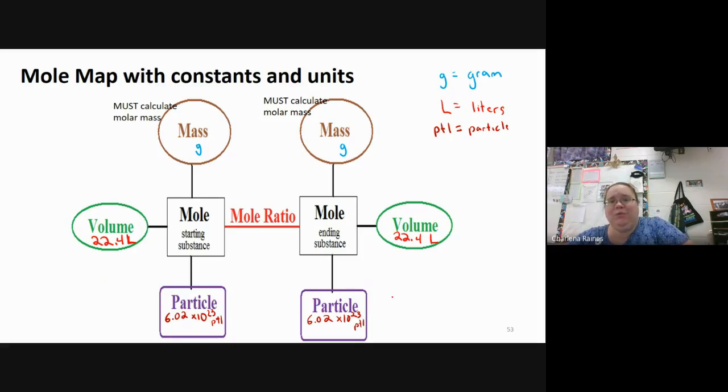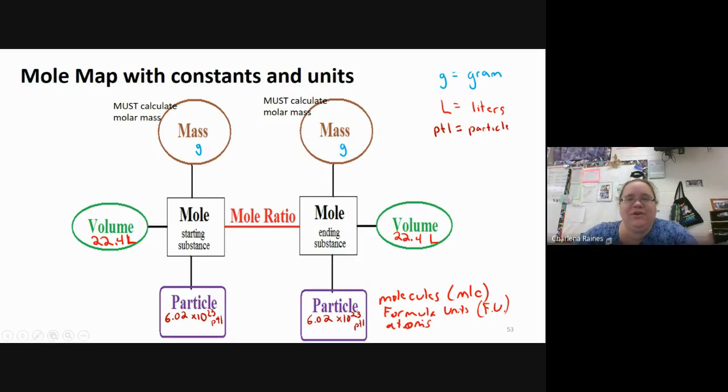And as I hope you remember, particles could be a variety of different things. You could see molecules. Delay response on my tablet, MLC is my abbreviation. You could see formula units, which I abbreviate F.U. You could see atoms.